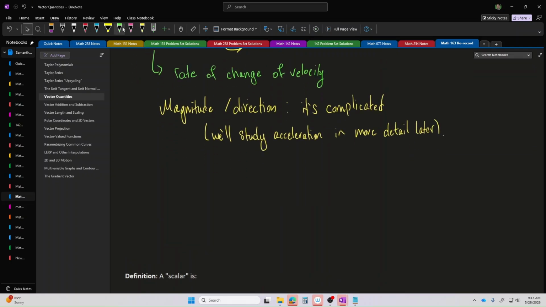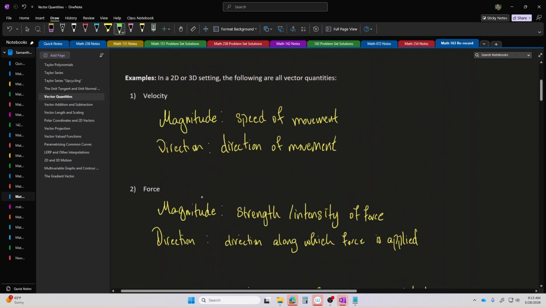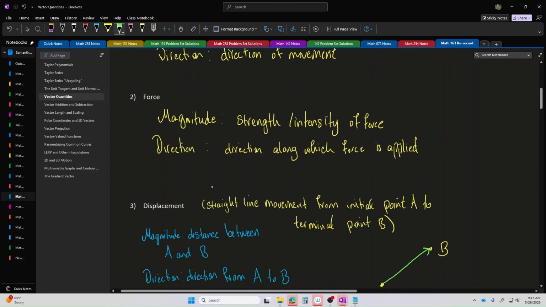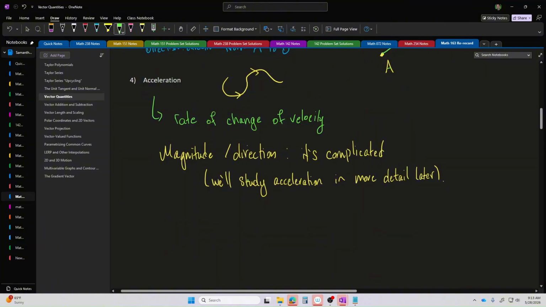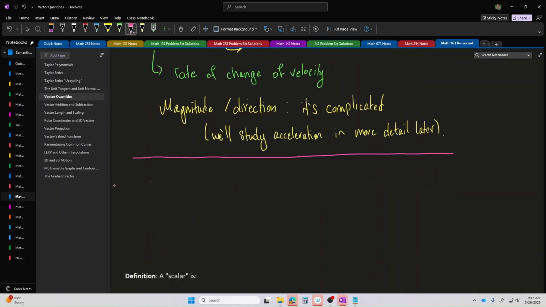So at this point in the course, when I refer to force, velocity, displacement, or acceleration, all of those quantities should be understood as vector quantities.